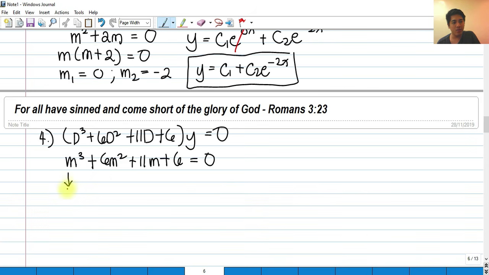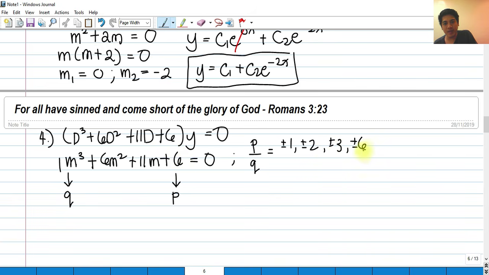The coefficient of the leading term is 1, that is the q, and we have the p. The possible roots are multiples of p over q. We have p as positive or negative 1, positive or negative 2, the multiples of this, positive or negative 3, and positive or negative 6, over the q, which is positive or negative 1.